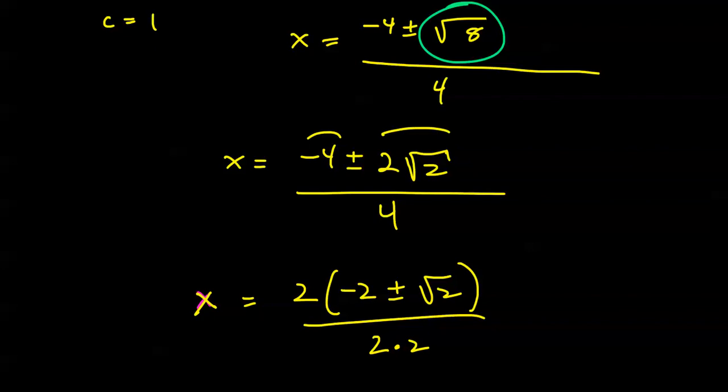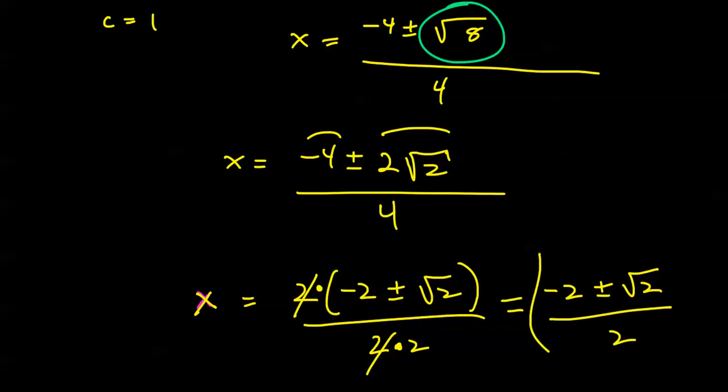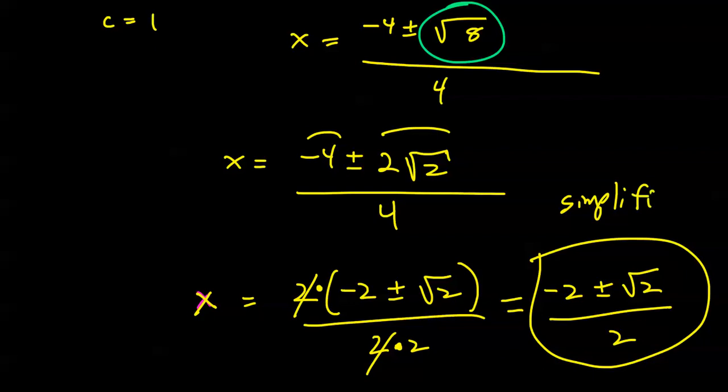Now that I've got these as products across a fraction bar, yes, I can cancel out those 2's. And I'll end up with minus 2 plus or minus the square root of 2, over 2. This is my final answer in simplified radical form, or simplified root form.